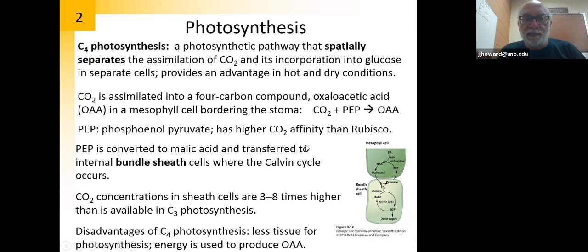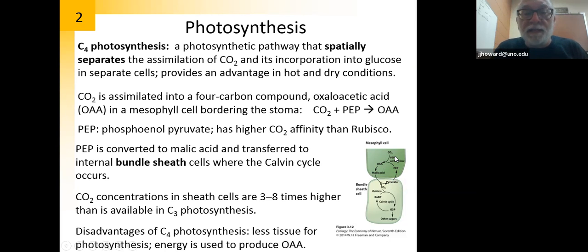What it's doing is taking phosphoenolpyruvate, PEP, in the mesophyll, and adding a carbon to make a 4-carbon oxaloacetic acid. That oxaloacetic acid is converted to malic acid, which then goes into the bundle sheath cell. Carbon is split off from malic acid, regenerating pyruvate, which is transported back into the mesophyll cell to pick up another carbon.